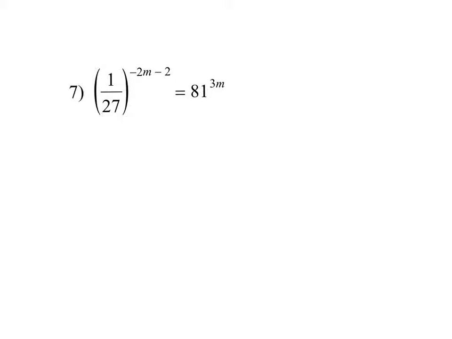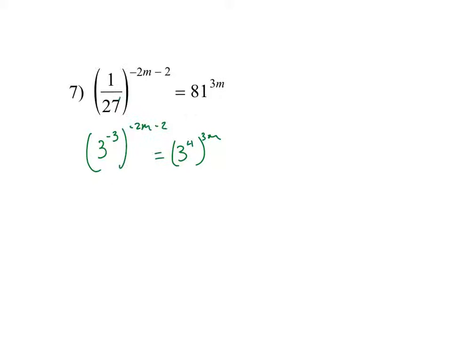This one. So 27, I can rewrite as 3 to the 3, right? And the fraction one over 27 I can rewrite as 3 to the negative 3. Why negative? Because I have this fraction and I want to convert it to a whole number. So 3 to the negative 3 to the negative 2m minus 2 equals 81, or 3 to the fourth. 81 is 3 to the fourth.